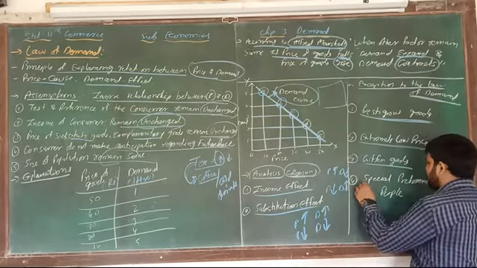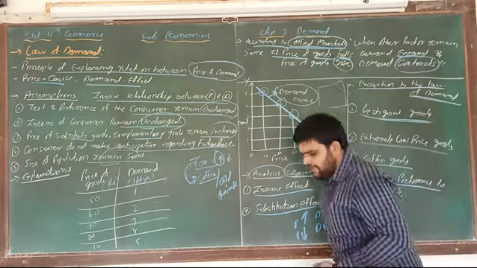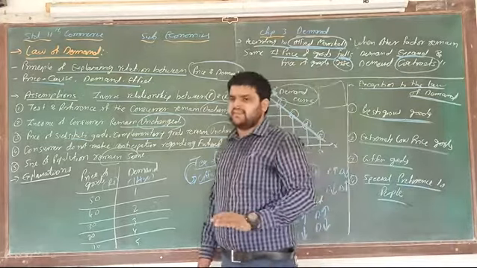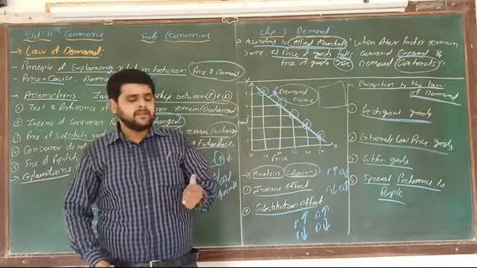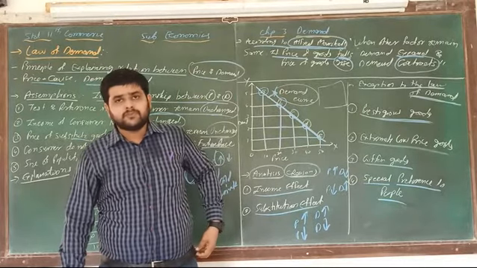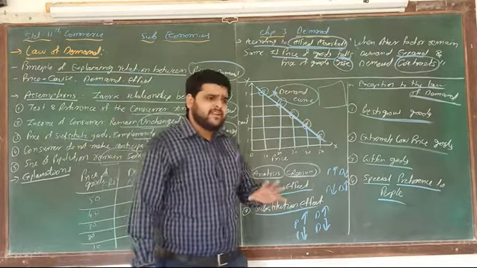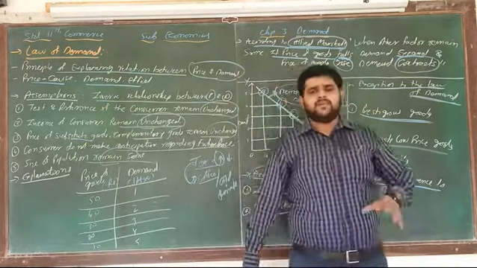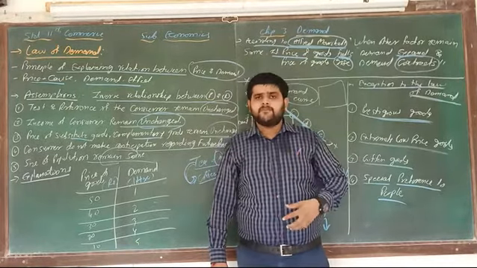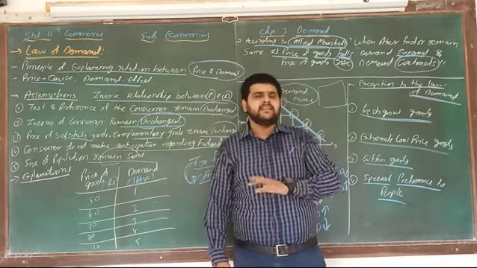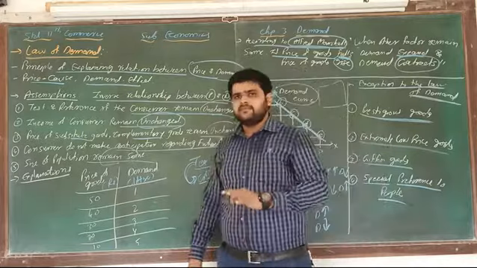And last, number four, special preference of people. Some people prefer a particular brand of product, whether price increases or decreases. For example, branded clothes, branded shoes, branded electronic items. Some people purchase only the Mitsubishi brand of AC. Whether the price of AC is increasing or decreasing doesn't matter, they are very habitual to the brand.